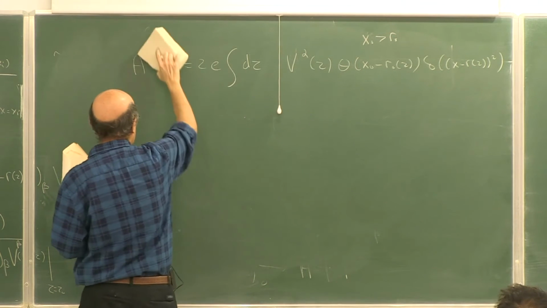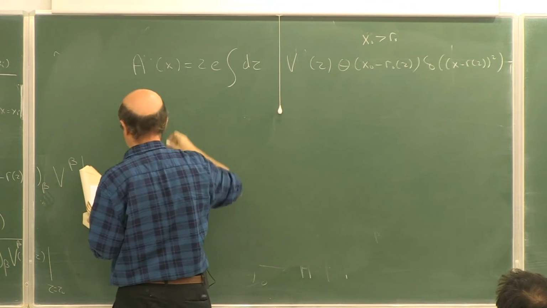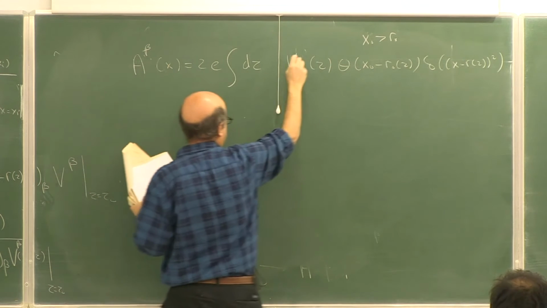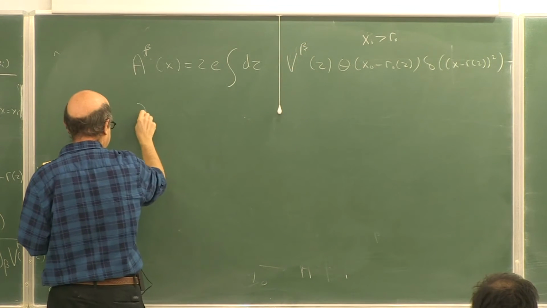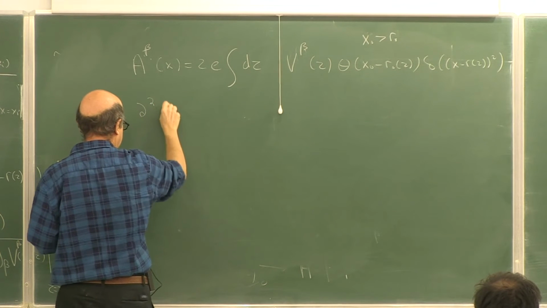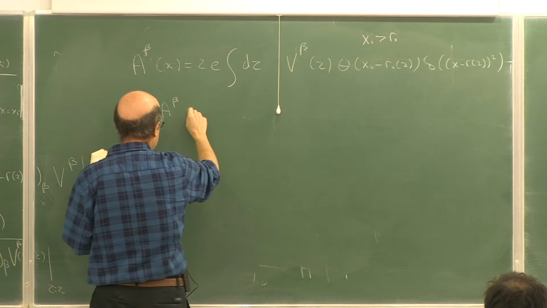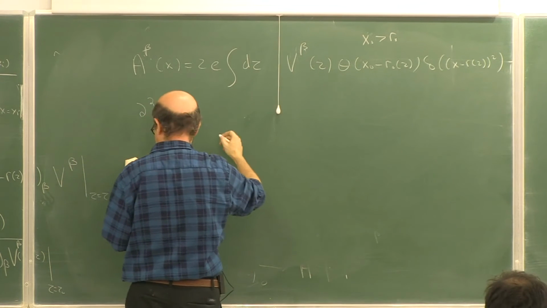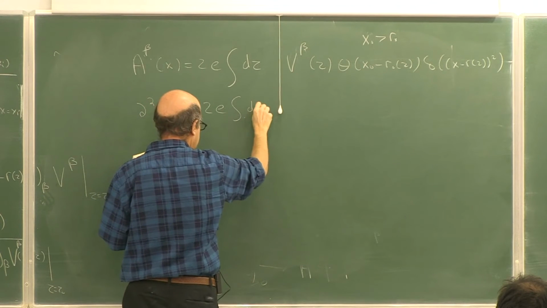Let me say this is A beta, and try to calculate the del alpha A beta. If you take the four-derivative of this, you will obtain the following.